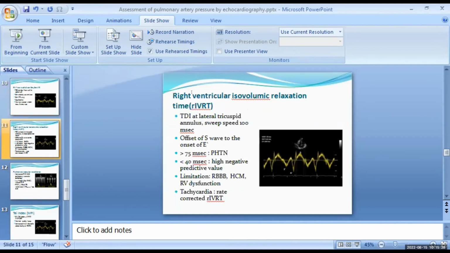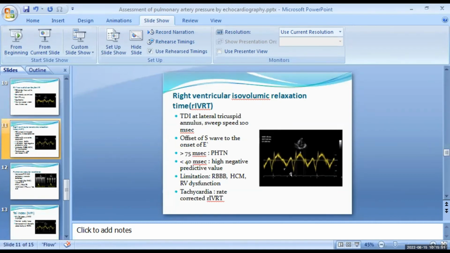Now, right ventricular acceleration time can also be used to assess the pulmonary hypertension. How we can do this? We have to switch on the TDI and put the pulse wave Doppler on the lateral tricuspid annulus.